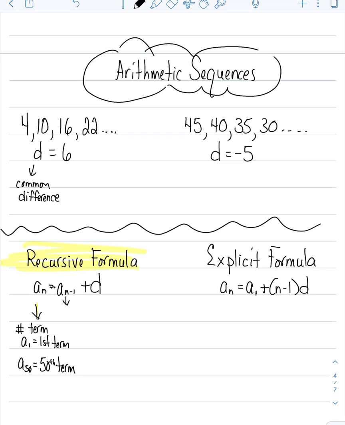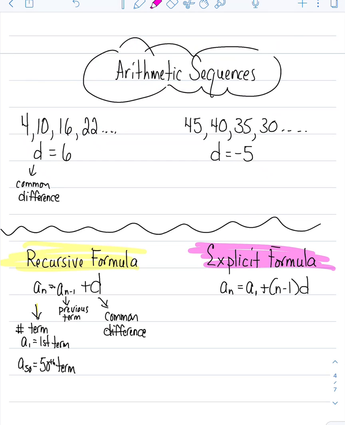A sub n minus 1 means the previous term, the one before what we're trying to find now, and we know that D means common difference. So to find the term now, we take the last term and we add the common difference or subtract if it's negative.